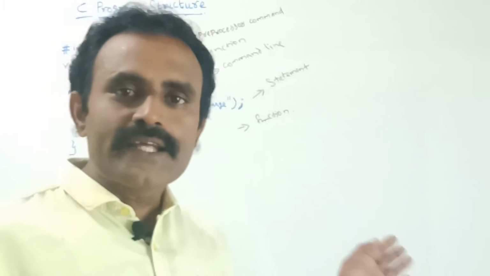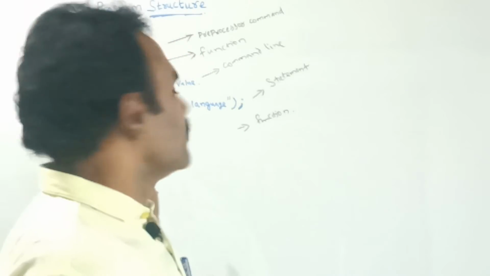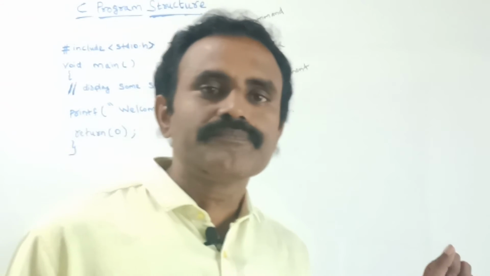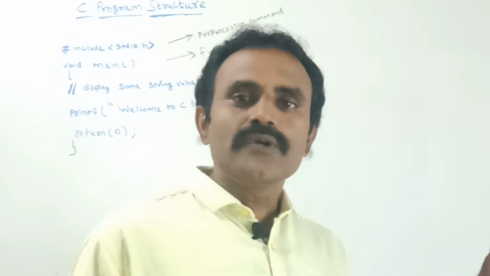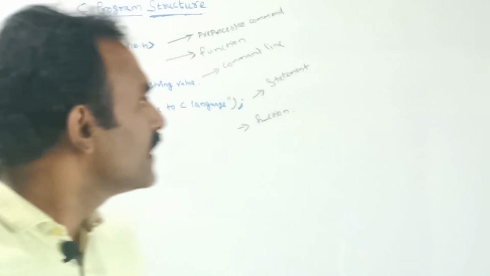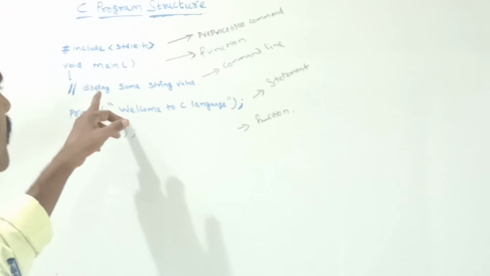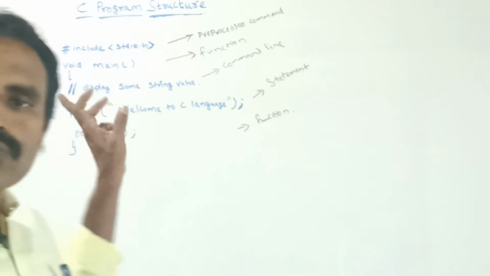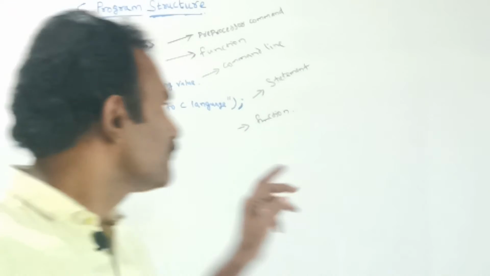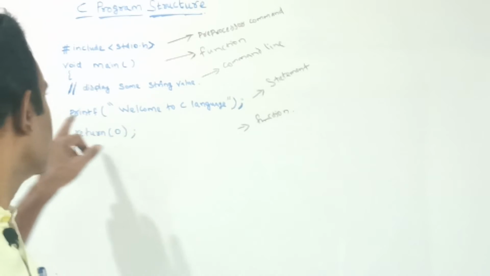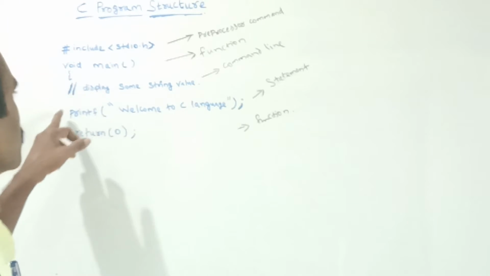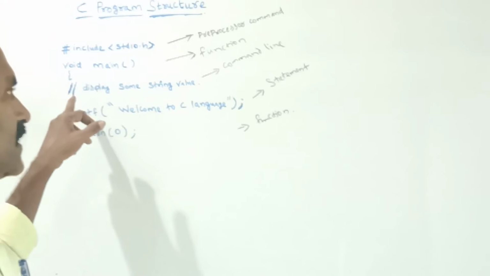These narrations can be written in the comment line, so this comment line won't be executed. Here, this is the single comment line. That means only one line we can write with the help of this single comment line. For a single comment line, we should use a double forward slash.